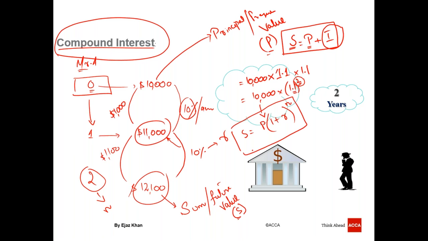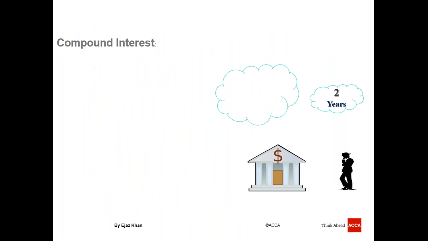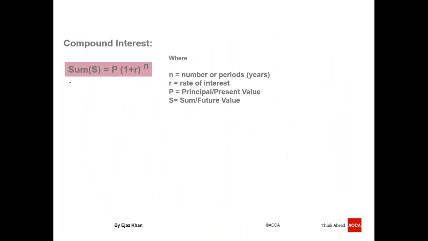So in case of a compound interest relationship, the sum will be calculated using this summarized formula. S is equal to P into (1 plus R) raised to the power N. So here is the formula, in which N is the number of years or periods, R is the rate of interest, P is the principal or present value, and S is the sum or future value.